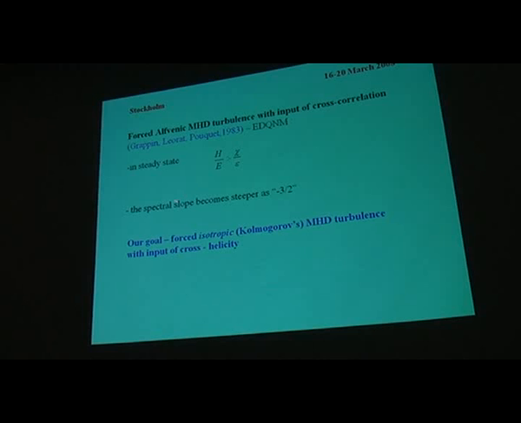And the second result concerns the spectral slope, which becomes steeper than the -3/2 which appears in this case in the uncorrelated state. Our goal is to consider forced isotropic, I mean Kolmogorov-like, MHD turbulence with the stationary input of cross-helicity.